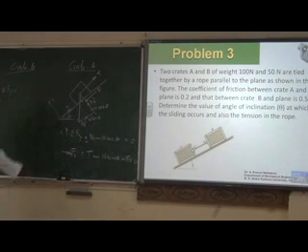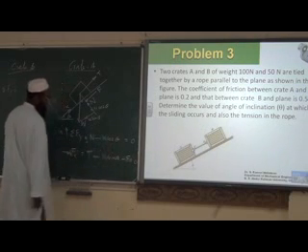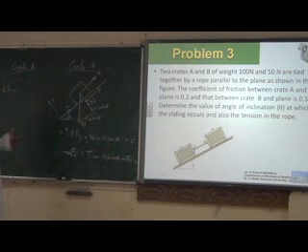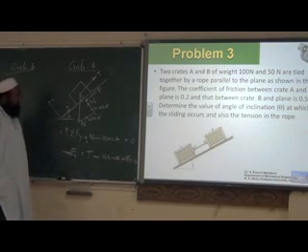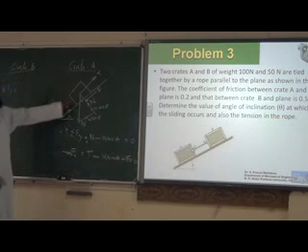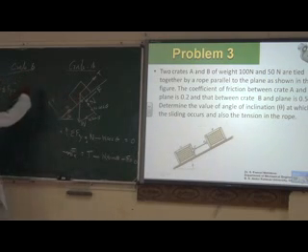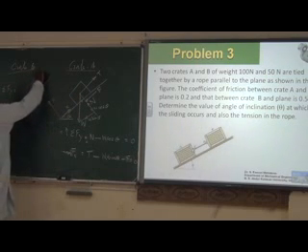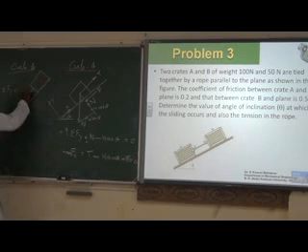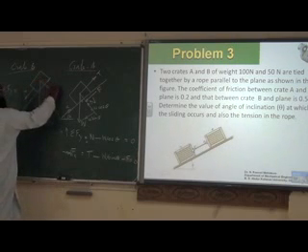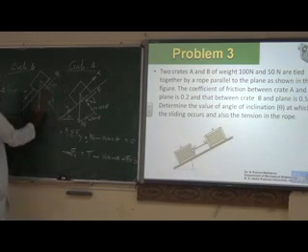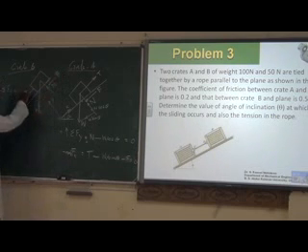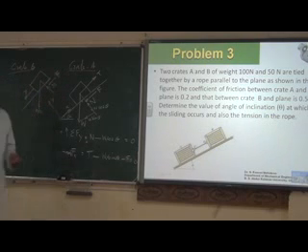This W1 we can have. Minus T on crate B. Okay?